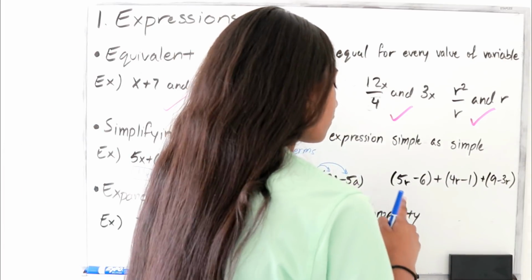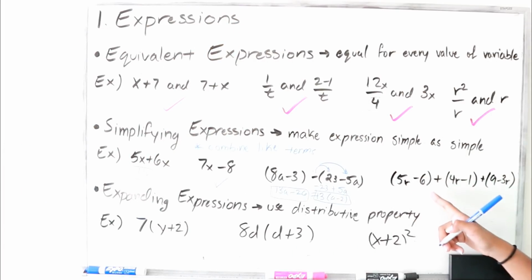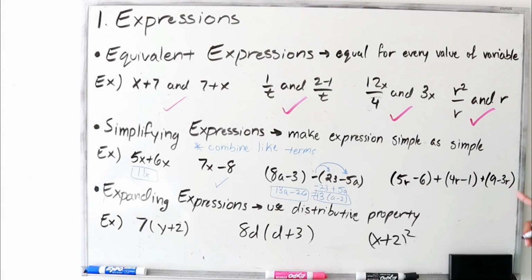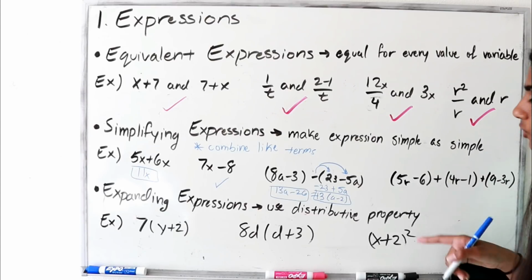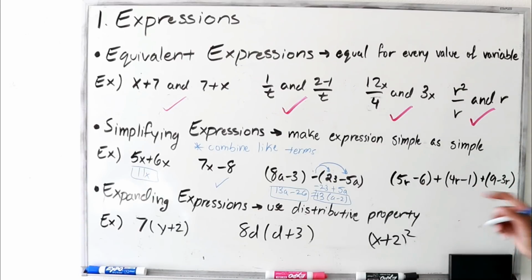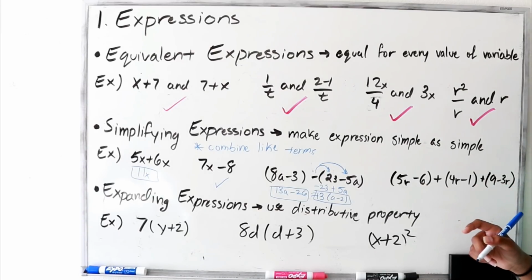Now, for 5r minus 6 plus 4r minus 1 plus 9 minus 3r, each of these in its own parentheses. So the first thing you want to do is see if we need to distribute a negative symbol, like right here. And it looks like we don't have to since there are plus signs. And now we're going to combine like terms.